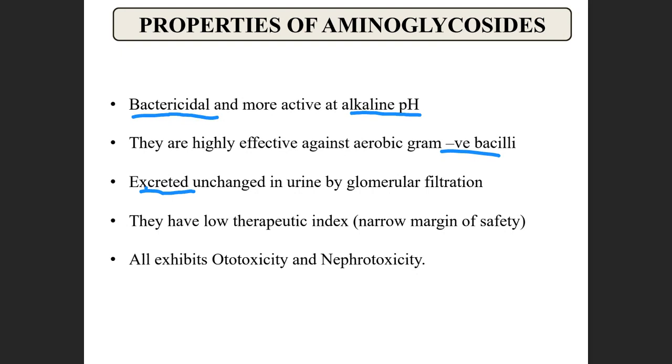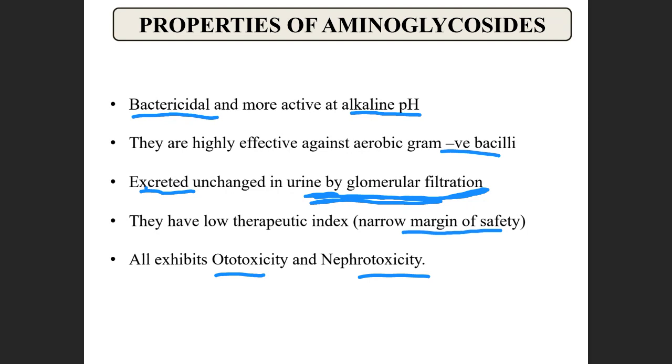So it is removable via urine. They have a low therapeutic index and a narrow margin of safety. And the major issues with these aminoglycosides are that they exhibit ototoxicity and nephrotoxicity.